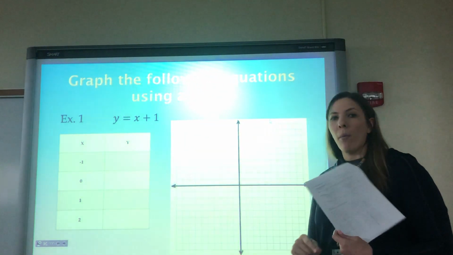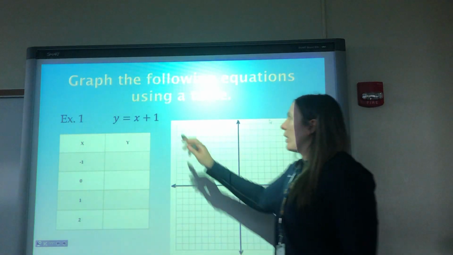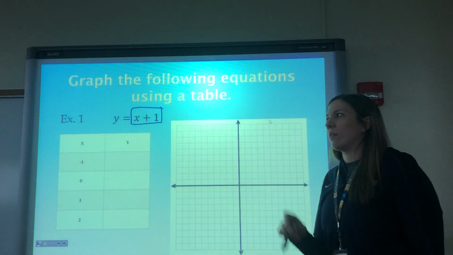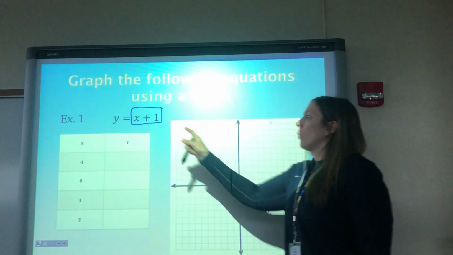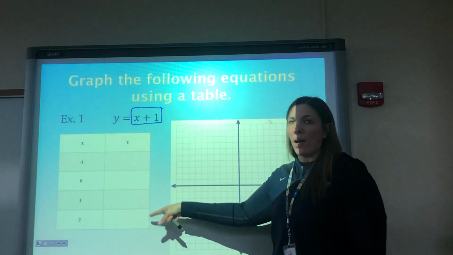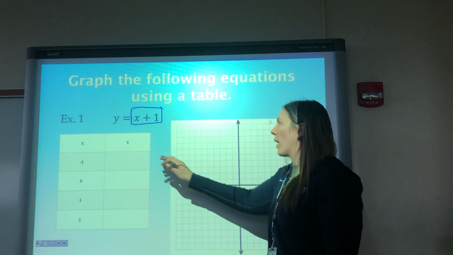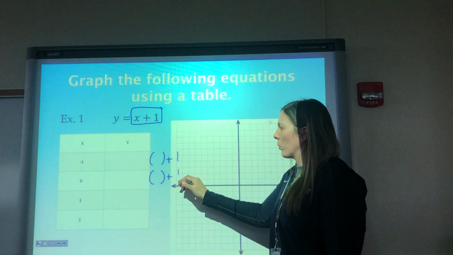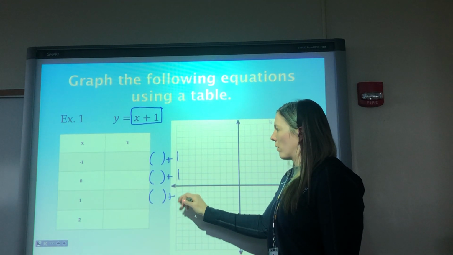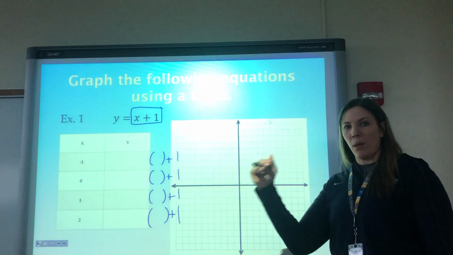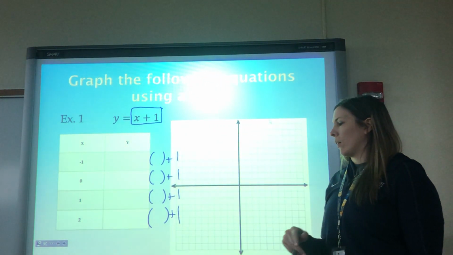Okay? If you remember when we made a table, we took the expression part of our equation. Once it says y equals, we're going to use this part, the x plus 1, 4 different times. So we write it off to the side. Parentheses plus 1, parentheses plus 1, parentheses plus 1, parentheses plus 1, because we're using that same expression all 4 times.